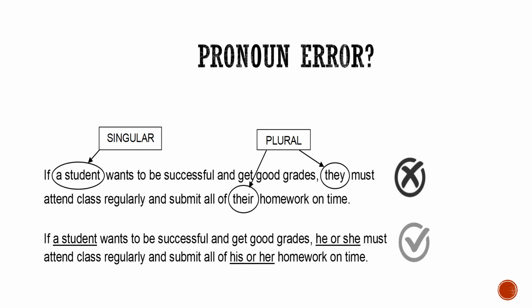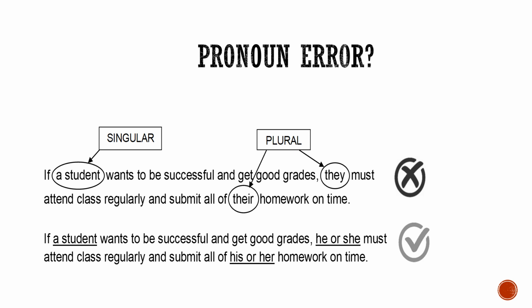So if we look at this example here, and we're asking ourselves what a pronoun error is, that is when the pronoun does not agree with its antecedent. If you look at the first example there, if a student wants to be successful and get good grades, they must attend class regularly and submit all of their homework on time.